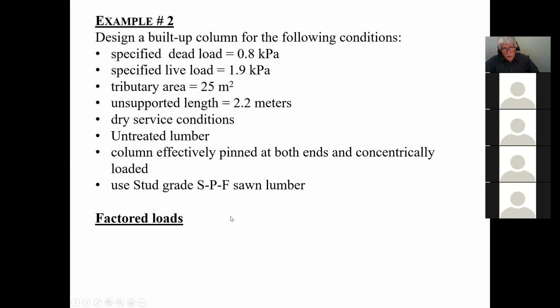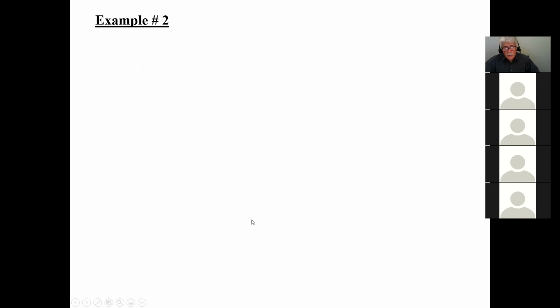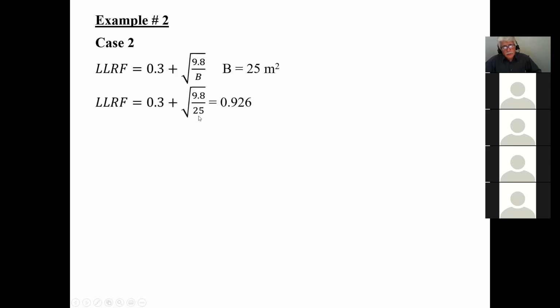Okay, so now for the factored loads, case number 1, 1.4 times my dead load. There is my load combination 1. Now for load combination 2, since the area exceeds 20 square meters, I can take advantage of the live load reduction factor, okay? And therefore, I simply put in the equation, and I'm getting about 0.92.